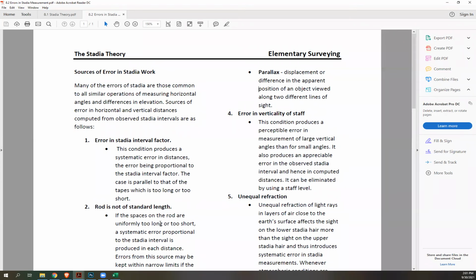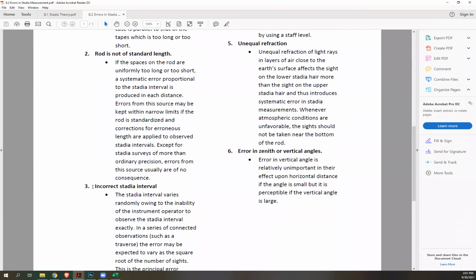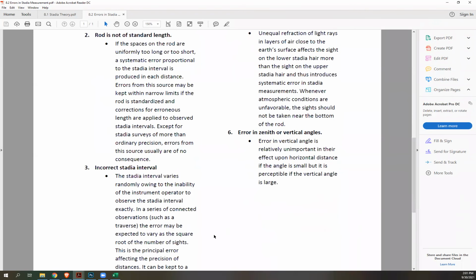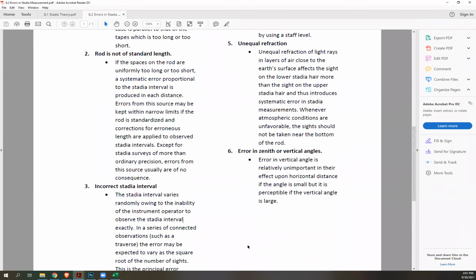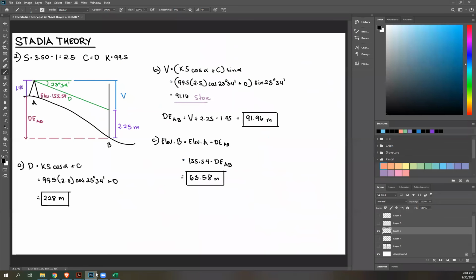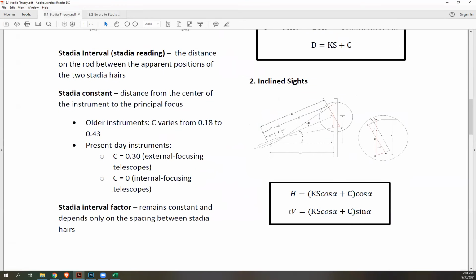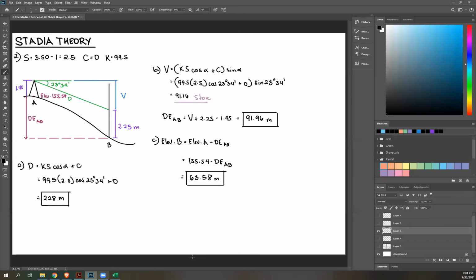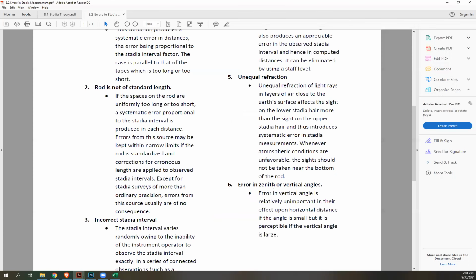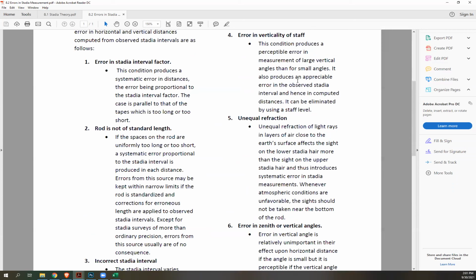Because again, error in stadia interval creates error in distances, since looking at the equation here, S affects your horizontal and vertical distances. It can be eliminated by using a staff level or a plumb bob to make sure your staff is vertical.